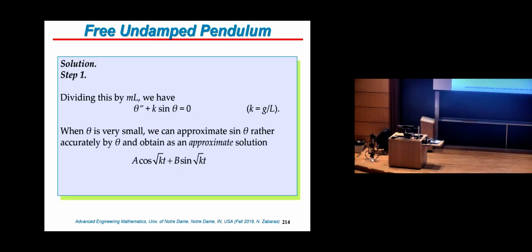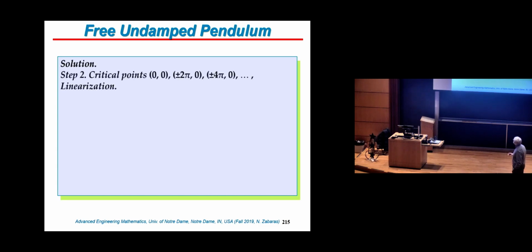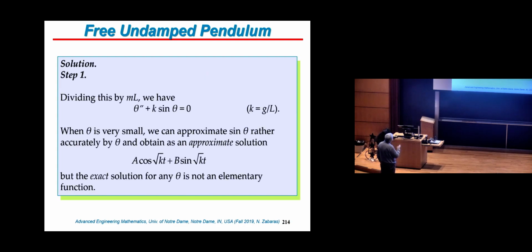But really, we're interested to keep the nonlinearity there, all right? So what are the critical points? So what's the definition of a critical point here? So what critical points are we going to take here?